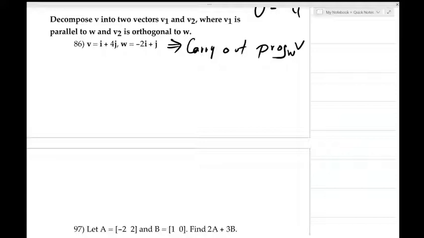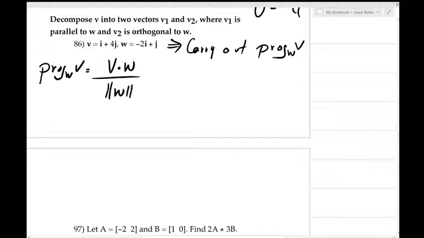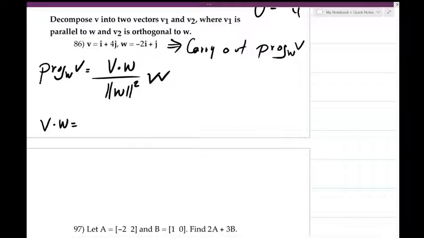So in order for us to do that, we need to bear in mind what a projection is. So the projection of v onto w is the dot product of v and w over the magnitude squared of w times vector w. So let's go ahead and compute those different pieces.